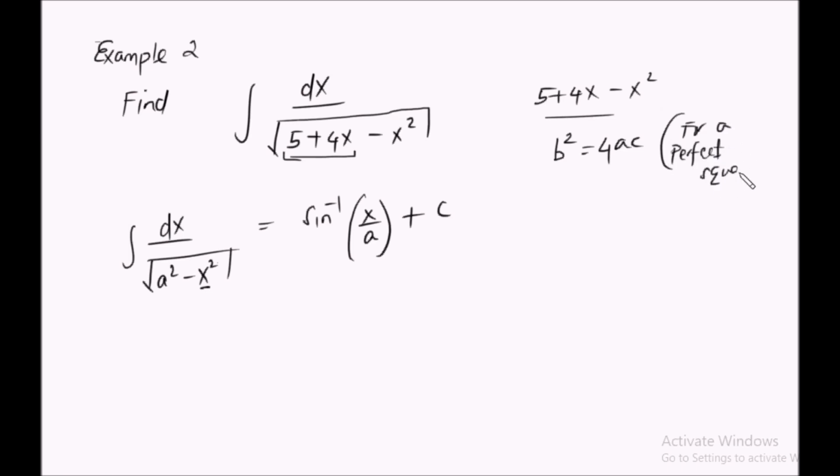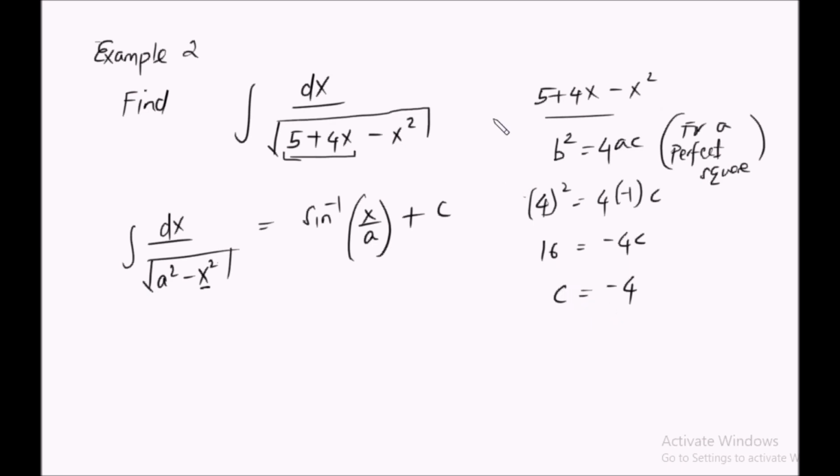So for a perfect square, our b is 4, from this quadratic our b is 4, so 4 squared should be equal to 4 times a, where a is -1. Now let's find what c should be so that we have a perfect square. So it will be 16, equal to -4c. Dividing by -4 everywhere, c must be -4.